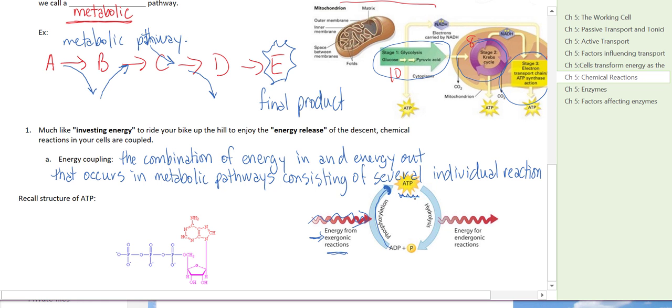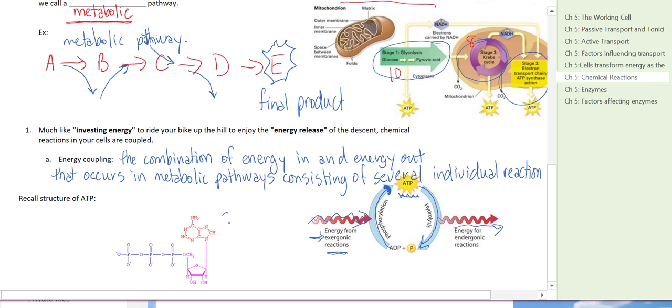And at the same time, when we break the ATP down, that process releases energy to drive other types of endergonic reactions. So it's this coupling phase: we use the energy output to drive ATP synthesis, and the breakdown of ATP leads to energy release to drive endergonic reactions.